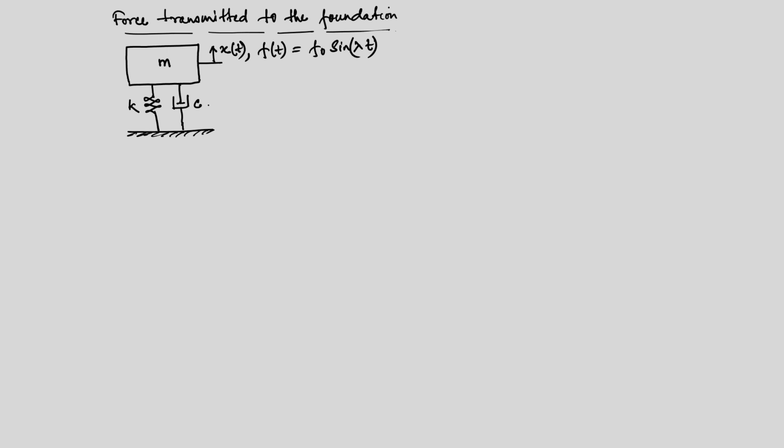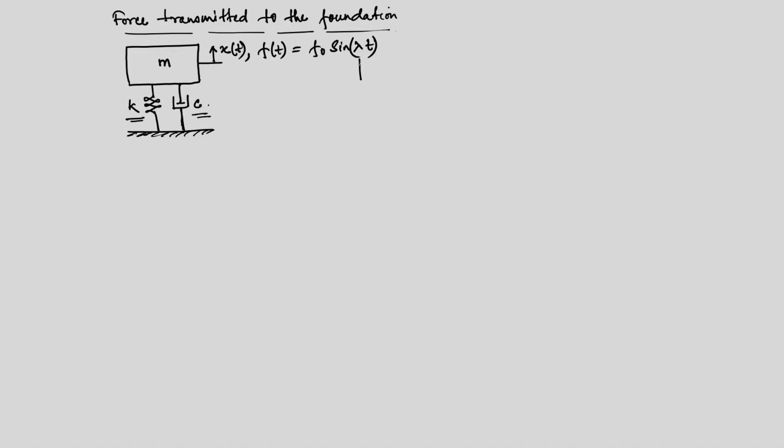So, if we look at the spring damper arrangement, it is actually the spring and the damper that is connected to the foundation. Now, this is a very common problem. If you have an industrial structure and you want to place a machine, normally machines rotate with certain frequency, it vibrates with that driving frequency, here lambda. Then we need to design the machine foundation because it should take the force, and that is the force transmitted to the foundation.